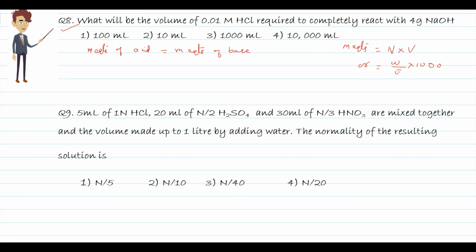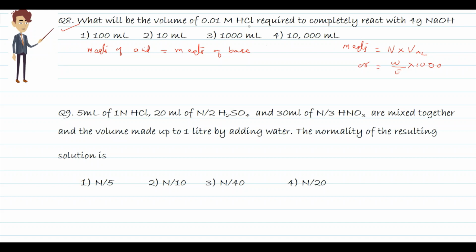If normality is given, we use normality into volume in ml. If mass is given, milliequivalents equal mass divided by equivalent mass into 1000.